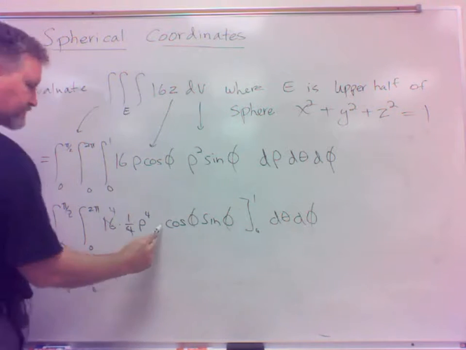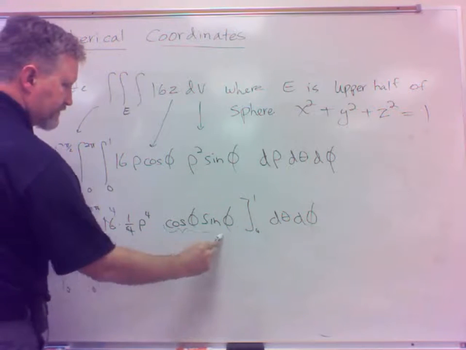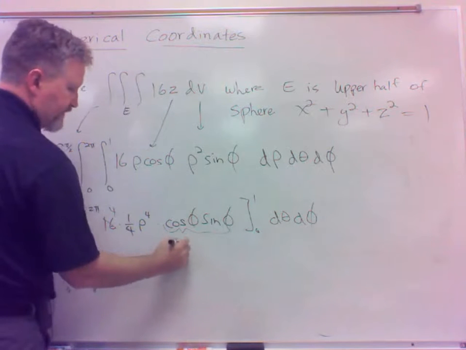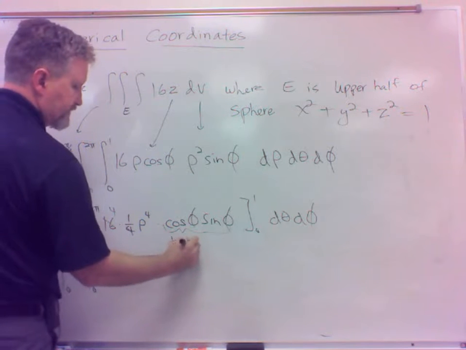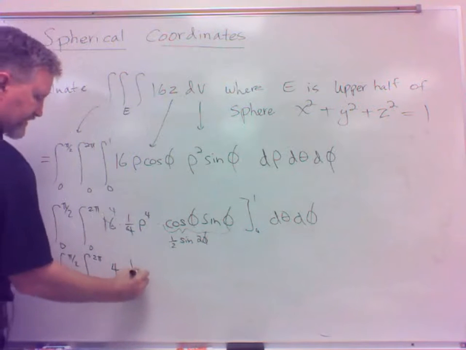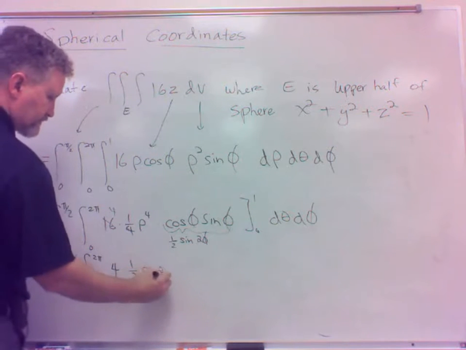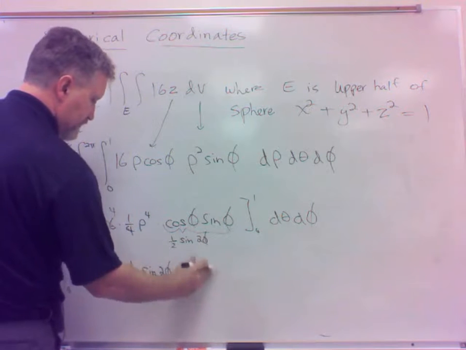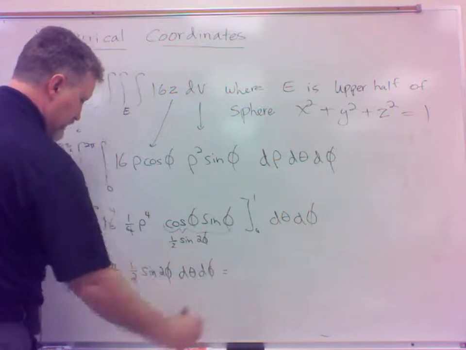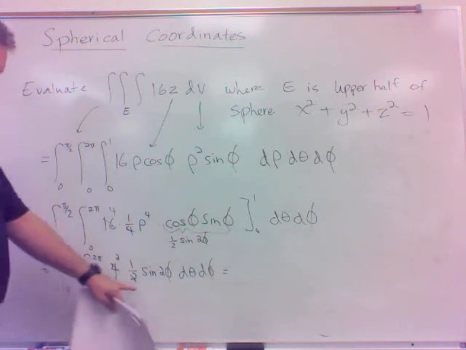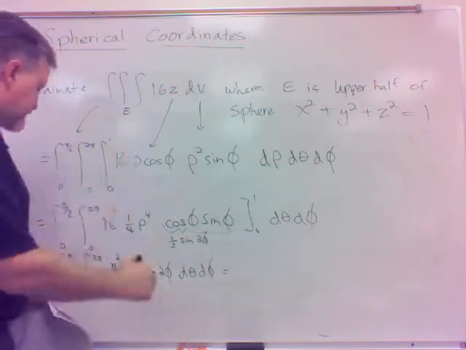Now, this is cosine times sine, done that a couple of times. Just make that 1/2 sine of 2 phi, which helps us out with the 4 there. And yeah, we're left with 2 there. And you might notice here we don't have any thetas, so we could just separate that out, couldn't we?